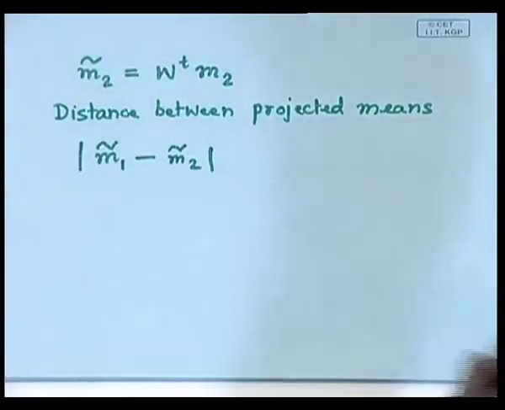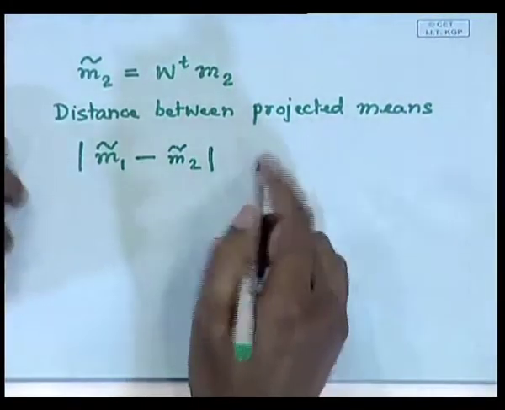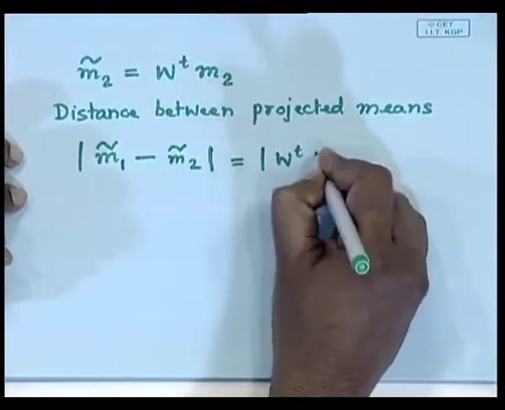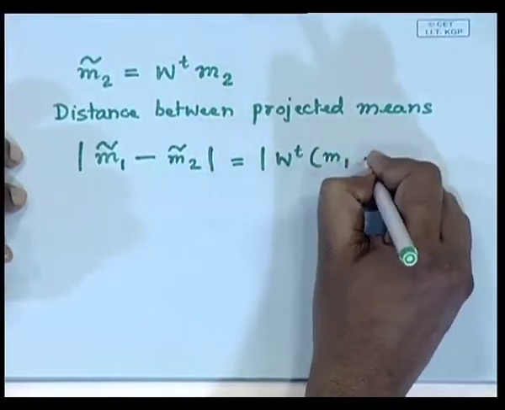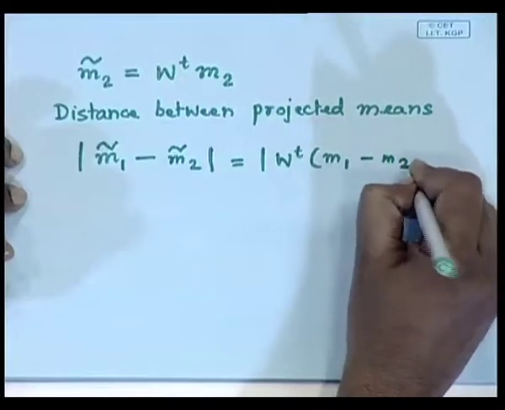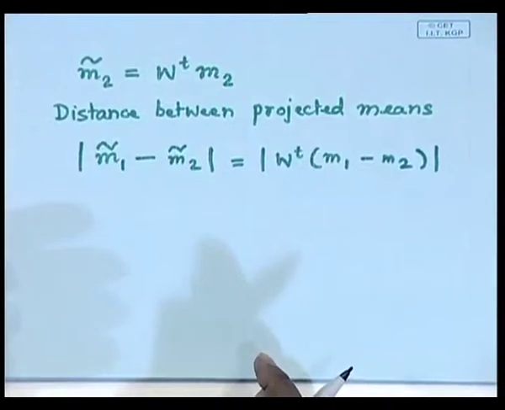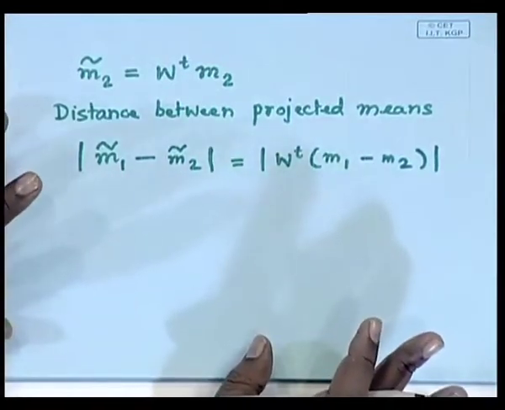This is the difference between the two projected means, which will be simply mod of W transpose times M 1 minus M 2. So, this is quite simple.